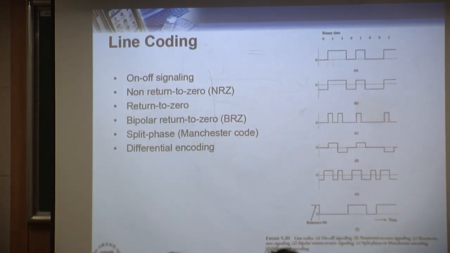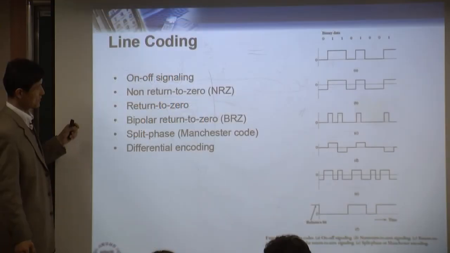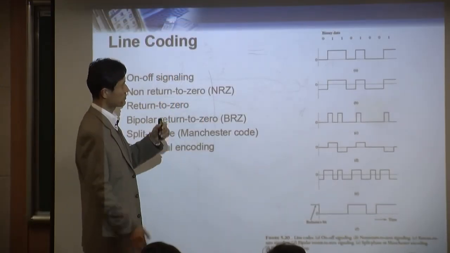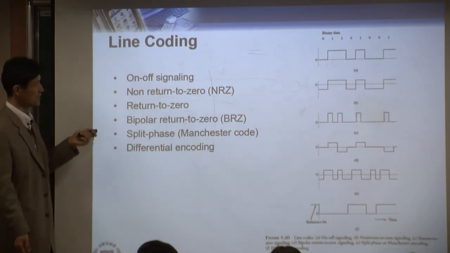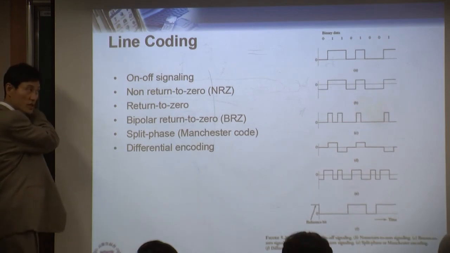Okay, so this is the last thing in this slide. Line coding is a simple coding for pulses, right? Pulse coding for a line. Typically we can consider many different ones, but each one is used for a different purpose. Typically there's on-off signaling, sometimes called on-off keying.